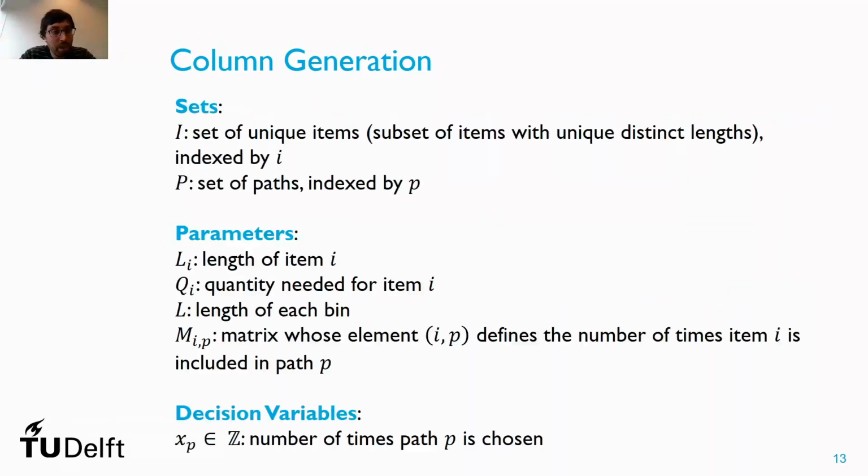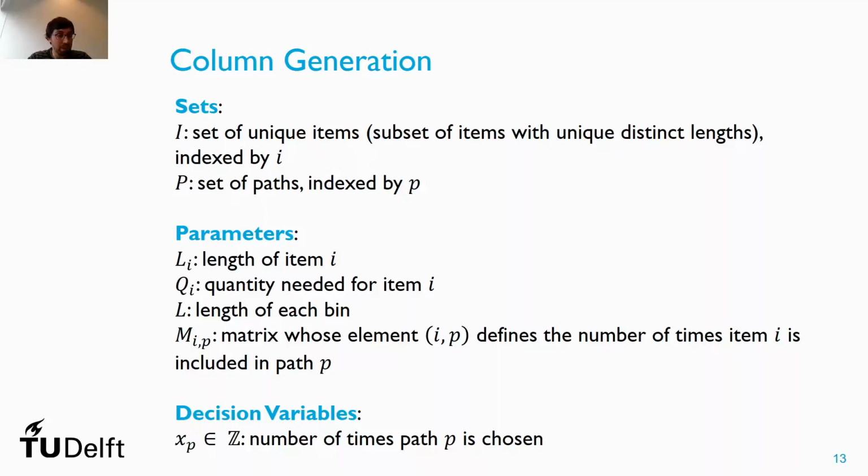So, how does the path-based formulation of this problem look like? We have 2 sets. Set I, which again, remember, is a set of unique items, so the subset of items with unique distinct lengths. And we have P, which is the set of paths. We have some parameters. We have the length of an item.